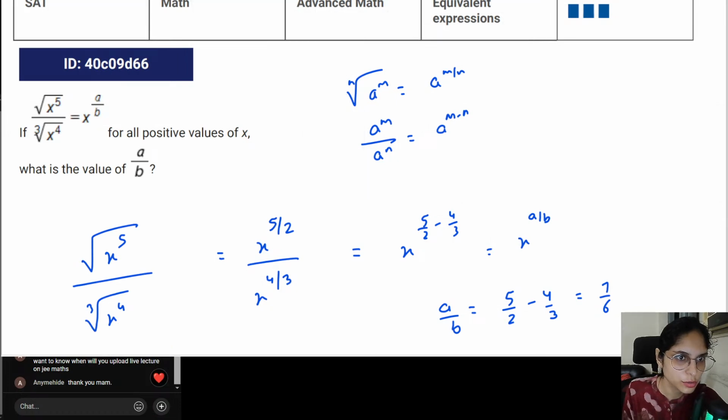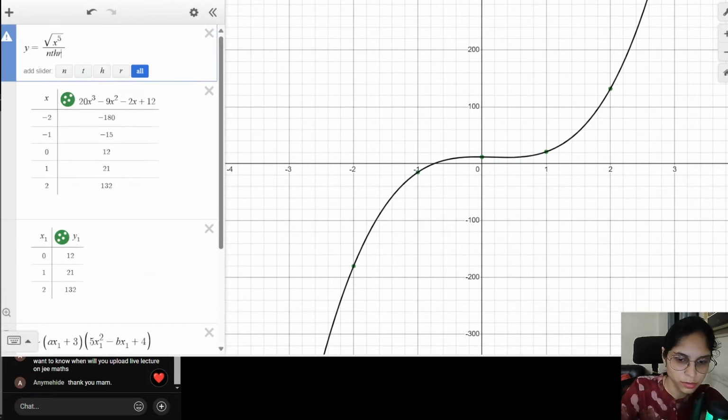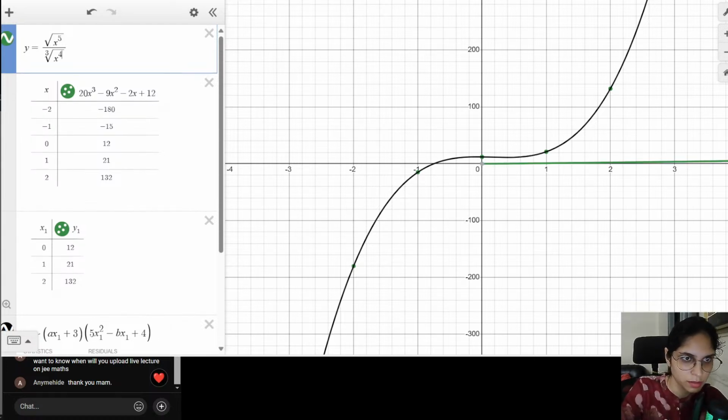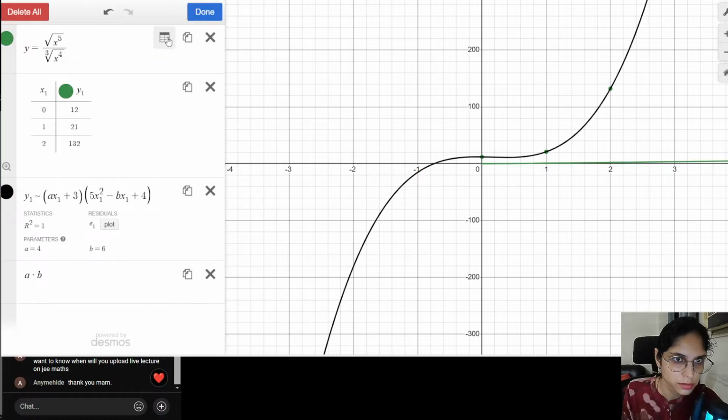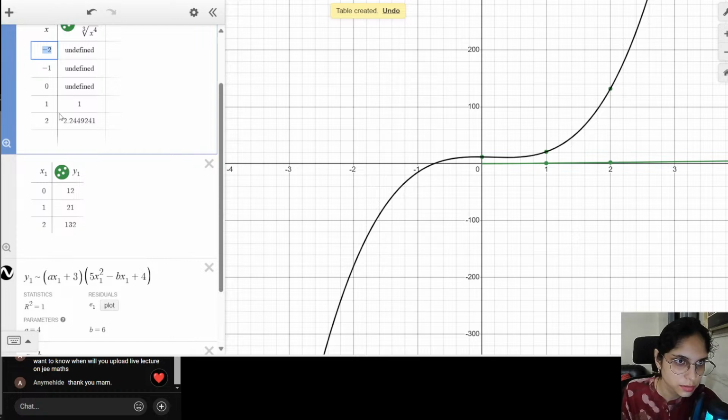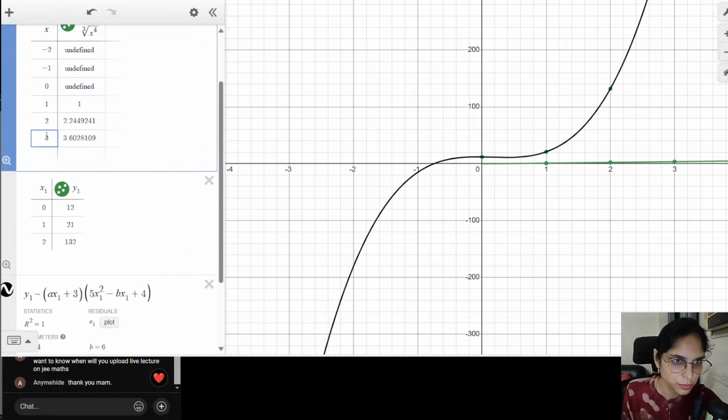In the bottom, this is cube root of x to the fourth, so nth root 3 of x to the fourth. You write table, you get the 2 values. And yeah, you can do 3 also.